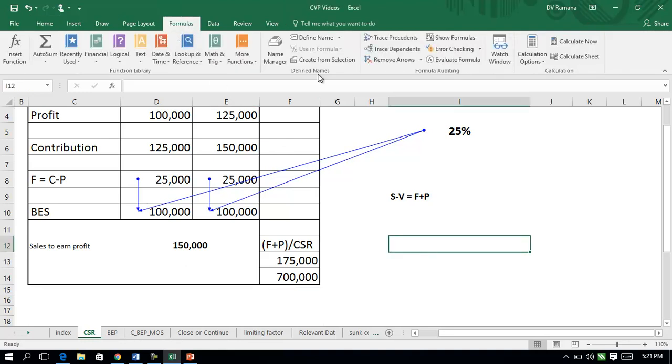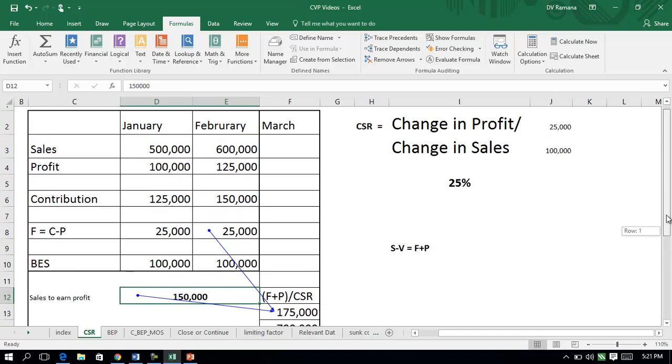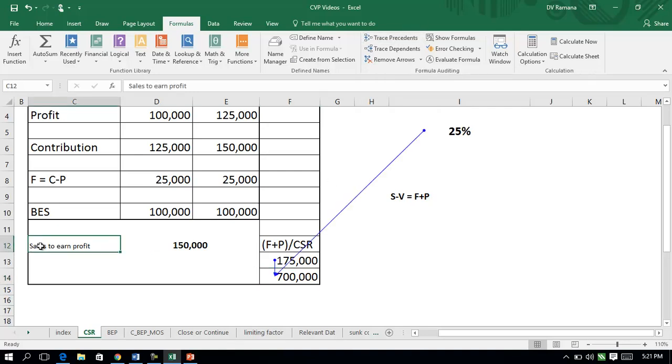So fixed cost plus profit is 175,000. This is fixed cost 25,000 plus the desired profit of 150,000 in the month of March, and we assume that the CSR has not changed, so therefore the sales to earn profit of 150,000 is 700,000.